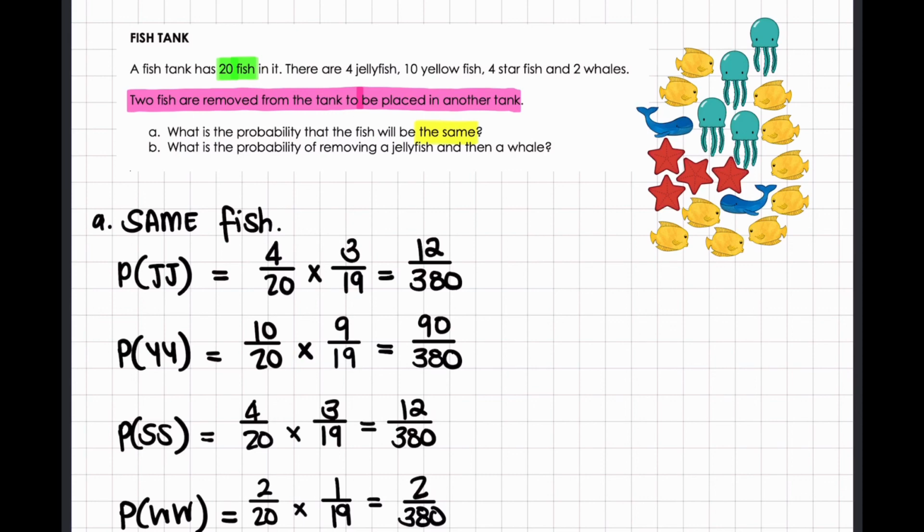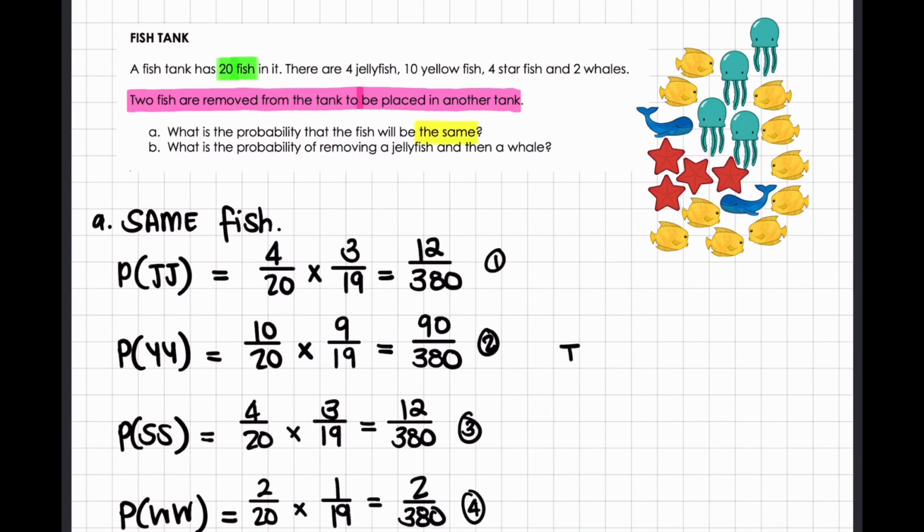Now, those are 4 different probabilities. So each of those probabilities we worked with, and that would be the probability of picking the same fish. But there are 1, 2, 3, 4 different probabilities that satisfy this.